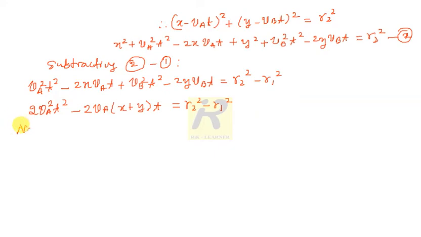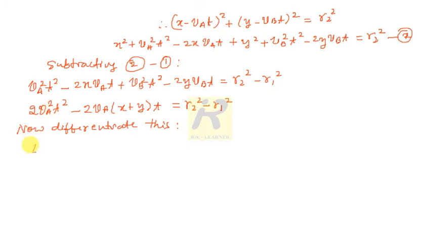Now differentiate this. So what do we get? Remember va is constant, therefore the variable is t.